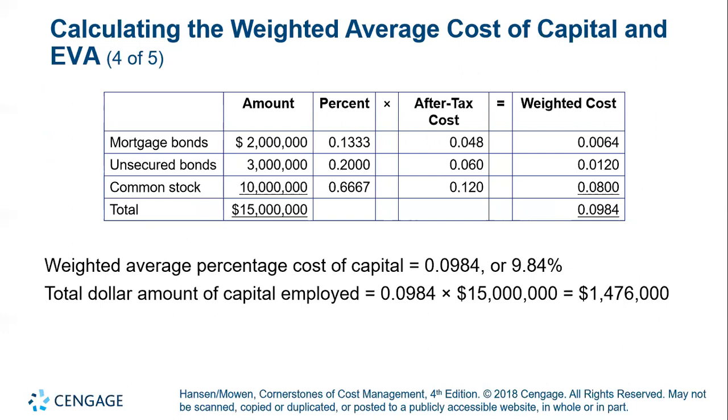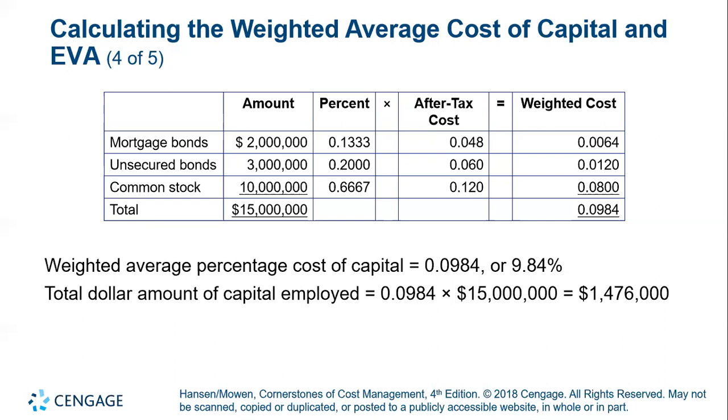Okay, so the amount is given, then the percent is computed by considering the proportion. So for the mortgage bonds, it's 2 over 15. For the unsecured bonds, it's 3 over 15.